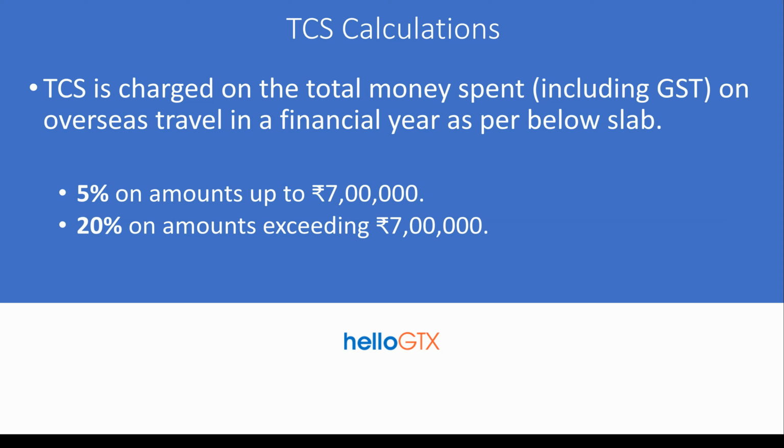So there's a lot of complications, and doing those calculations are not easy, requires a lot of effort and telling the customer also. So TCS is charged on total money spent including GST on overseas travel in a financial year as per the below slab. So 5% on amounts up to 7 lakh, 20% on amounts exceeding 7 lakh.